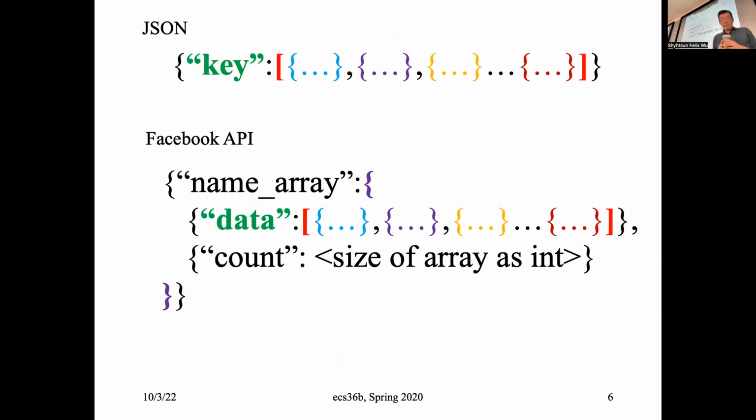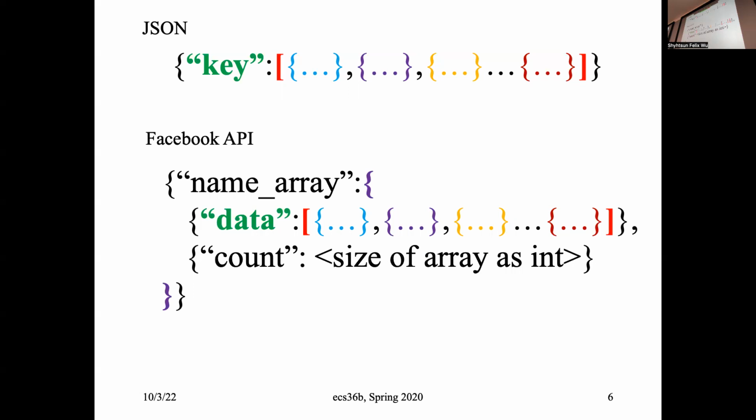So for example, Facebook uses JSON to represent all the information they transfer to you when you use Facebook. This is the Facebook API. When you look at the API, they look at, for example, how do I represent all the likes?